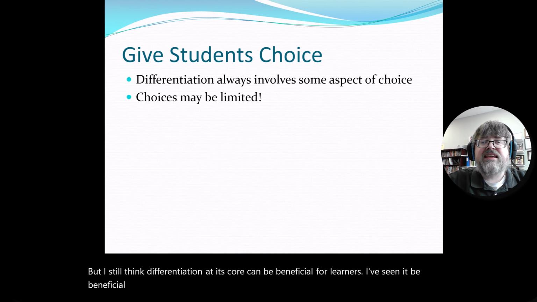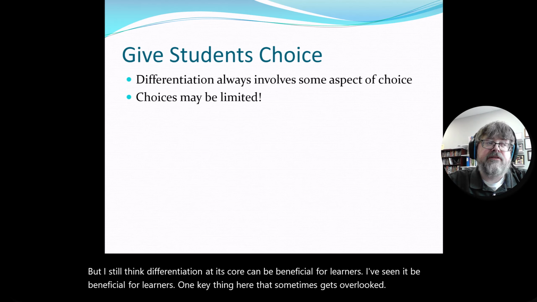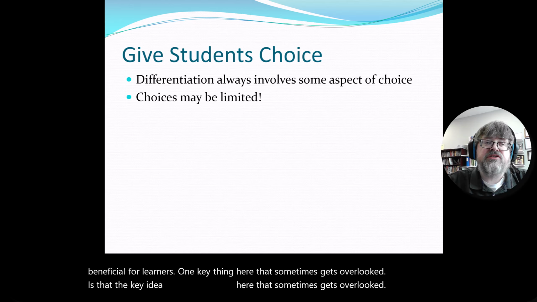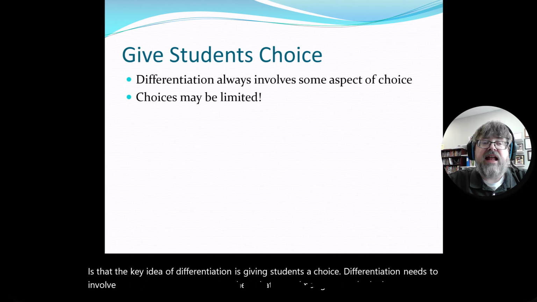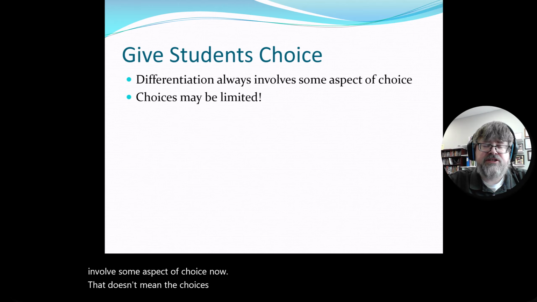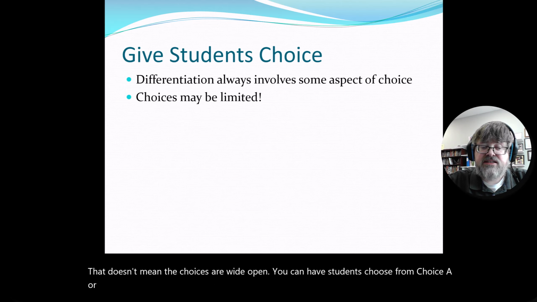One key thing here that sometimes gets overlooked is that the key idea of differentiation is giving students a choice. Differentiation needs to involve some aspect of choice. Now, that doesn't mean the choices are wide open. You can have students choose from choice A or choice B, but it needs to be a choice.